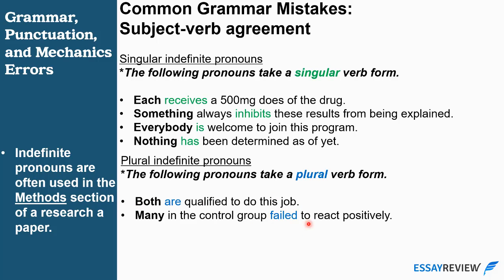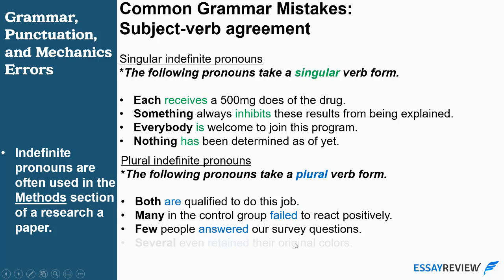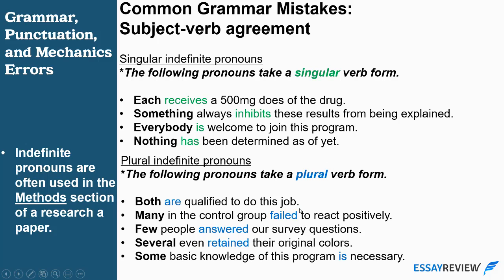So, many in the control group fail to react, if we want to use present. "Few people answer our survey." I use past tense, right? So it's hard to tell the plural versus singular. "Several even retain their original colors." So basically, don't look at the examples so much as the rule. These are singular, these are plural.